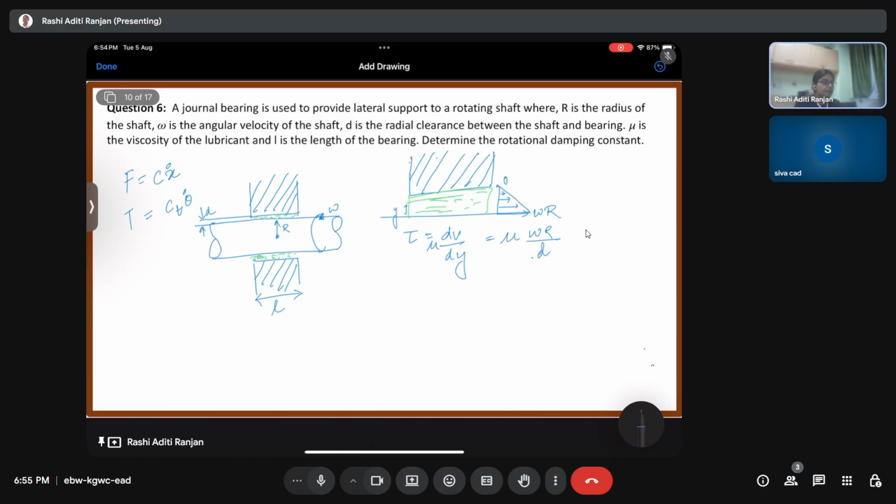So we are going to have dV by dy, which is essentially equal to omega R by D. So we will have mu omega R by D.